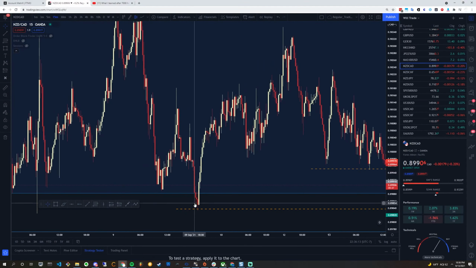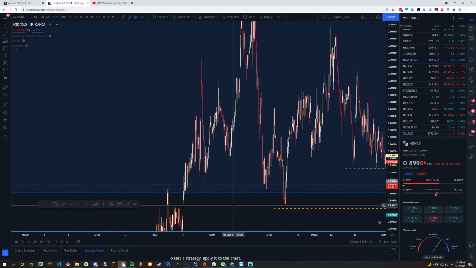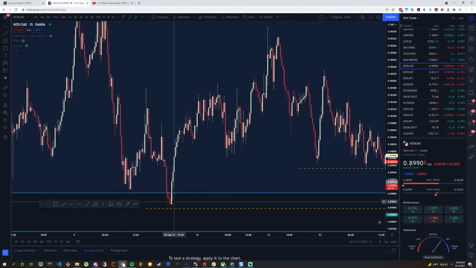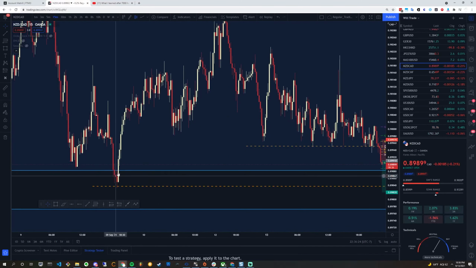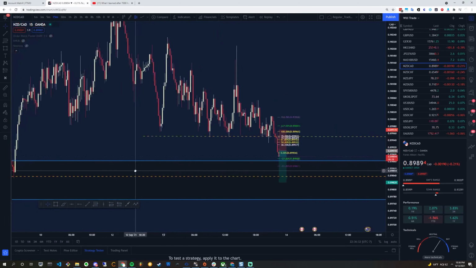Yeah, because basically this order block right here is the one that broke all this structure. It led to all this structure breaking. So that's what's worrying me.